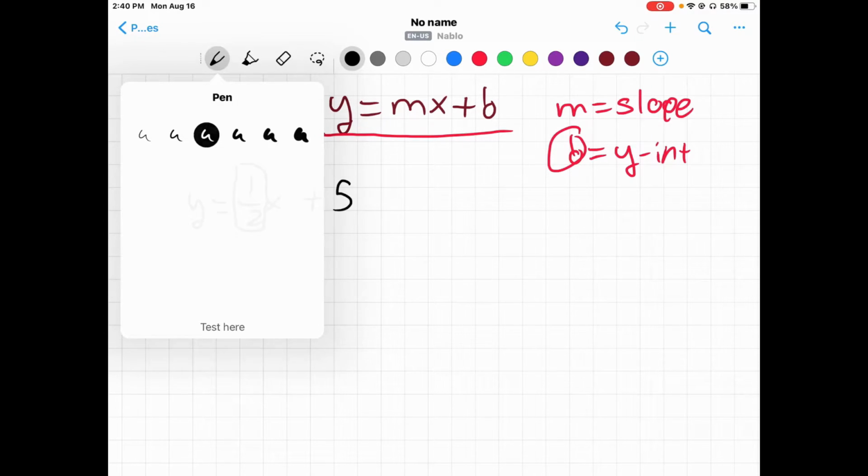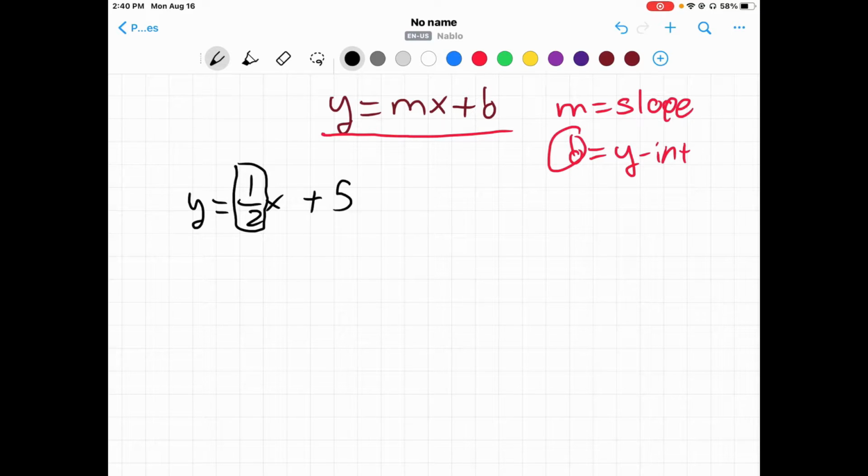Now you might be wondering how we're going to find the x-intercept, which is the x position when y equals 0. So since it is the value of x when y is 0, we simply set the value of y to 0.